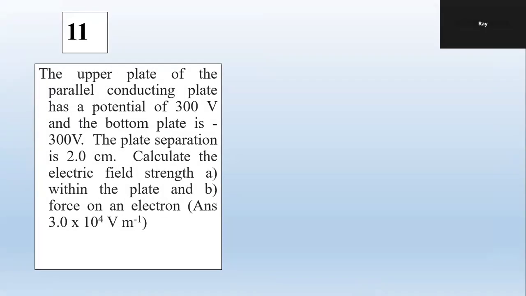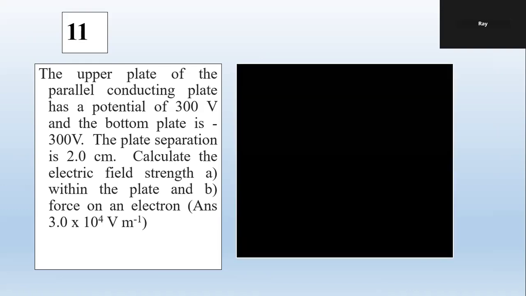See whether you can remember your electric field strength or not. Upper plate 300 volt, bottom plate minus 300 volt. Separation is 2 cm. Calculate the electric field strength within the plates and the force on the electron. The potential difference is 300 minus minus 300, which is 600.